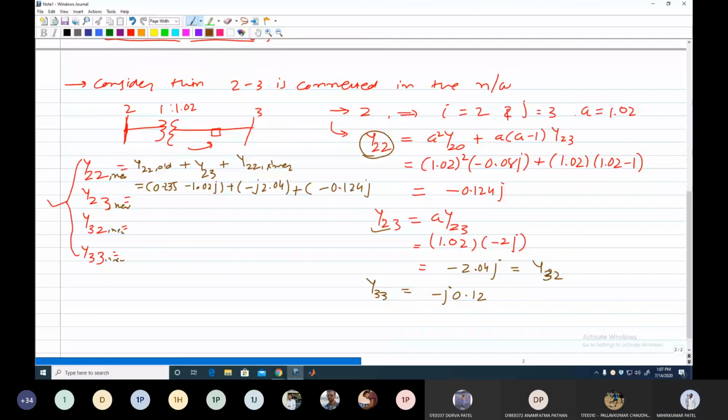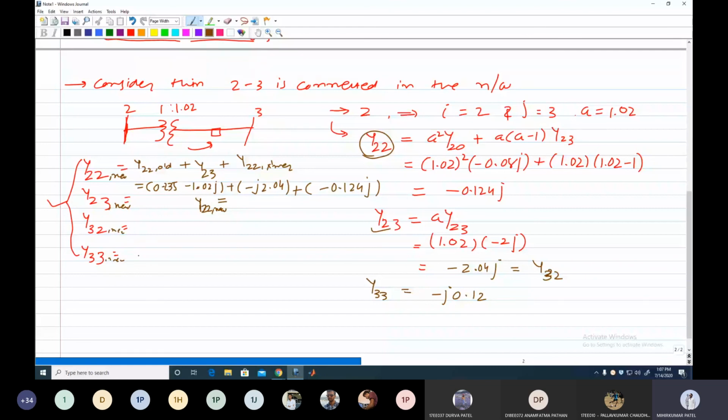So finally, you will calculate y22 new for this network including the transformer. What is the final value of y22?